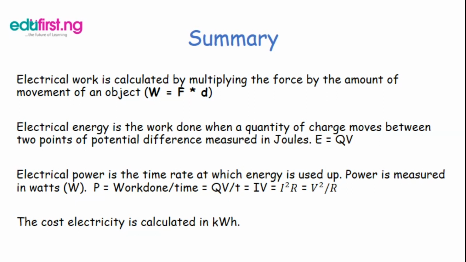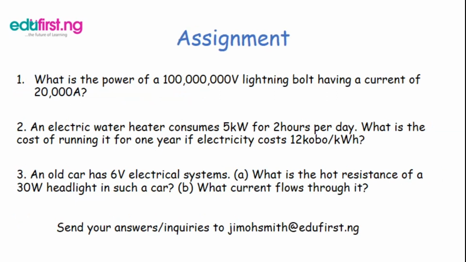P equal to work done over time, that is QV over T, which is equal to IV, which is equal to I squared R, which is equal to V squared over R. So depending on the question, you choose any of these four equations that is suitable to get the answer for the calculation. So the cost of electricity bill is calculated in kilowatt hour. These are the summary of what we learned so far.